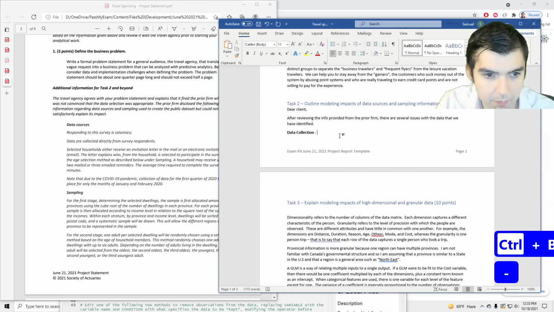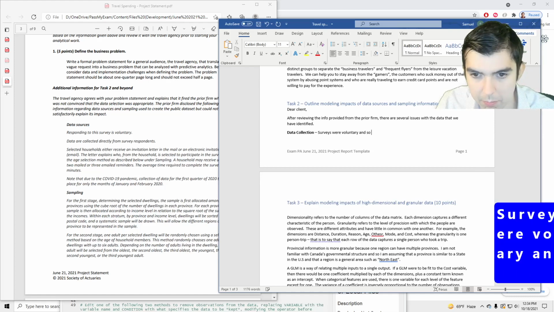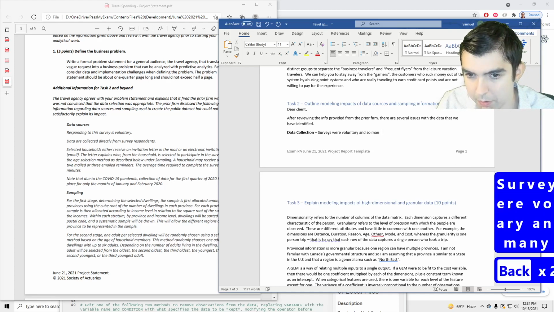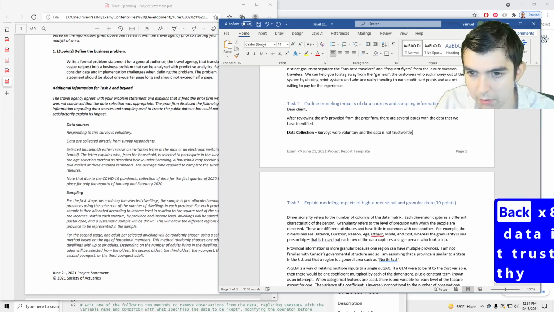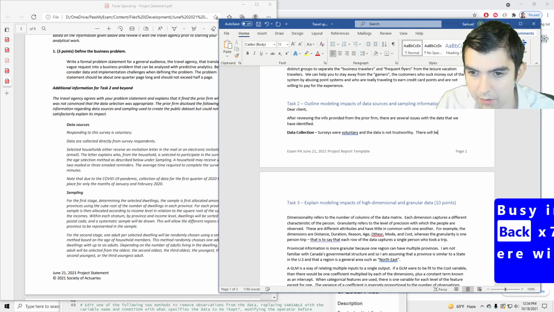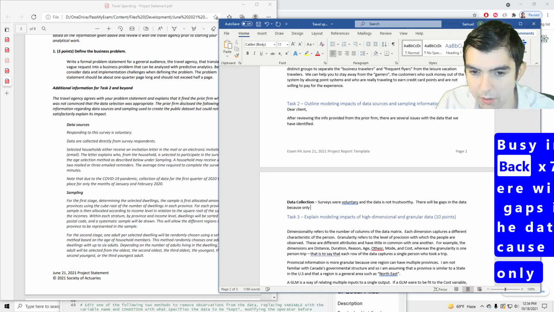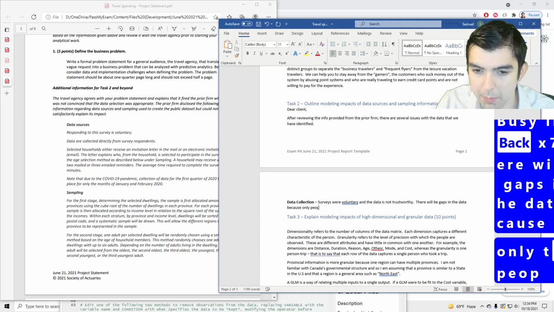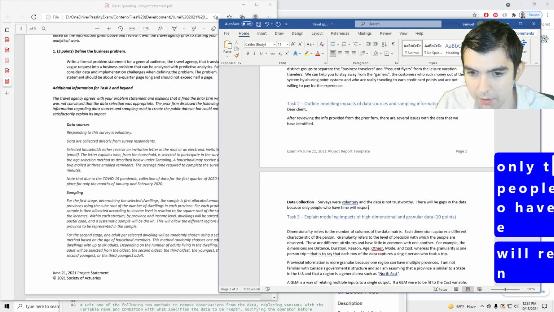Surveys were voluntary, and so the data is not trustworthy. Busy individuals, there will be gaps in the data because only people who have time will respond.